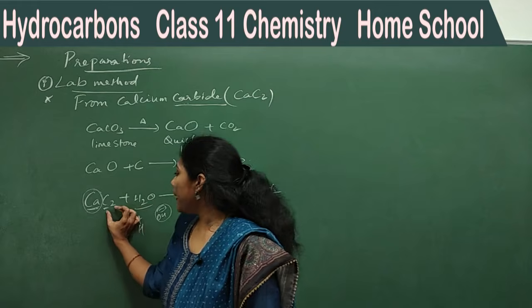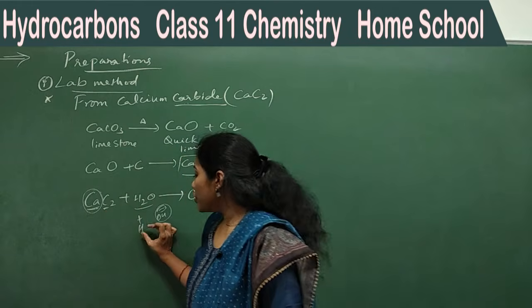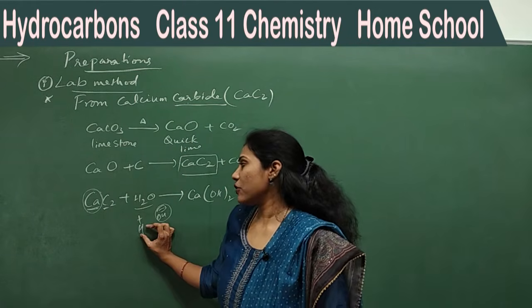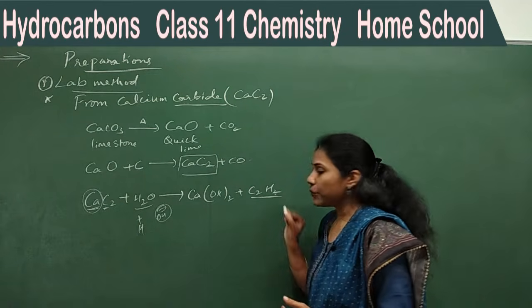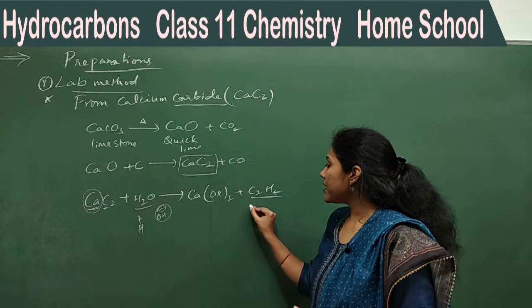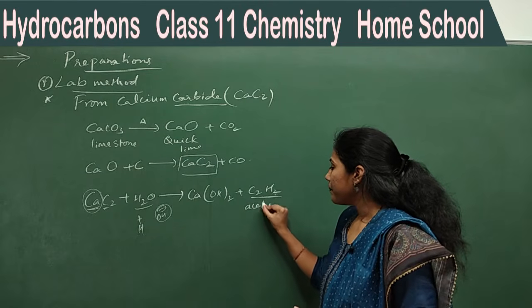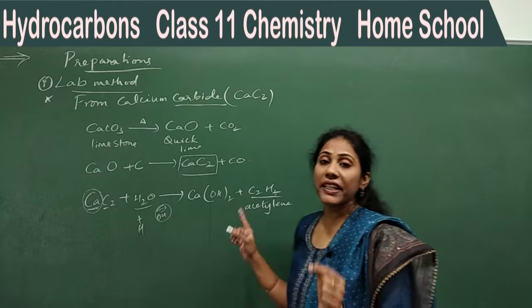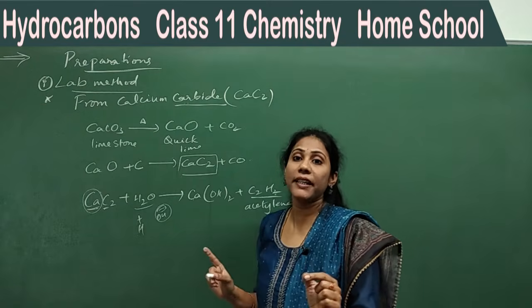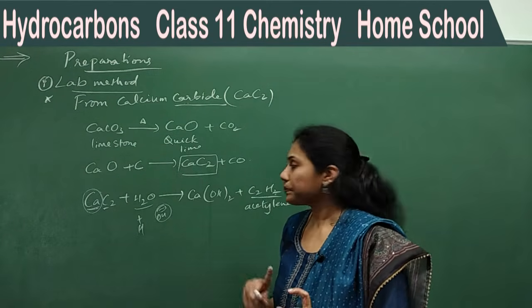And which is the negative part here? Carbon. It combines with hydrogen, the positive part of water. And what do you get? C2H2, which is nothing but acetylene, that is ethine, isn't it? So this is one of the very, very important preparatory methods of alkyne.